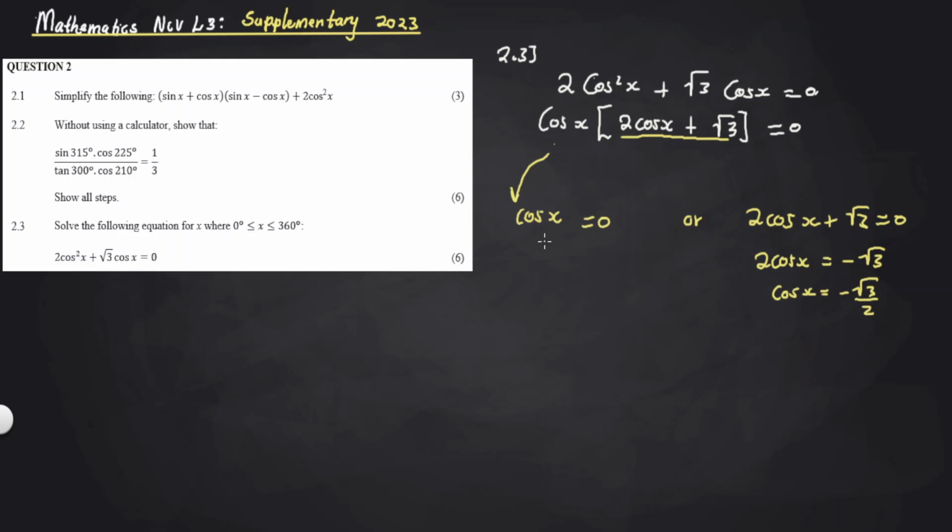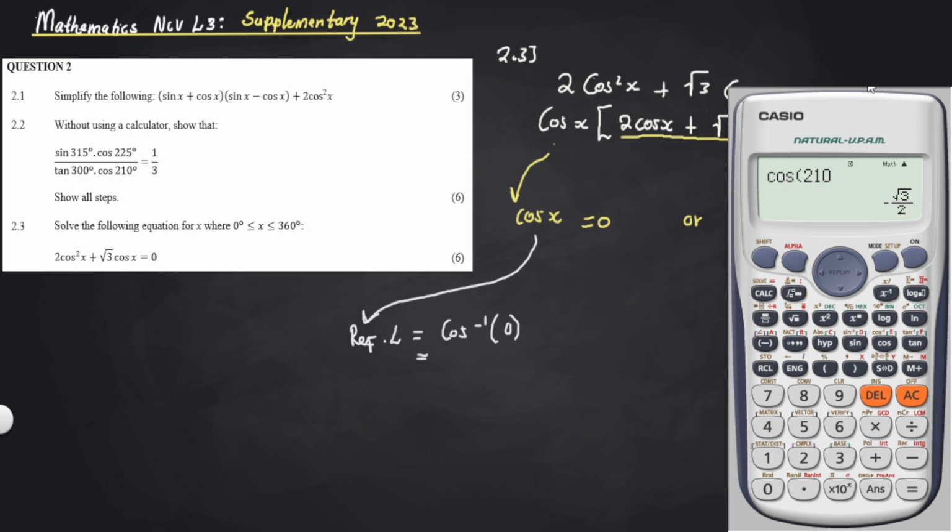Now we have to find our solutions for this part. What is the first thing we calculate? Reference angle. Reference angle is equal to arc cos of 0, which is 90 degrees.